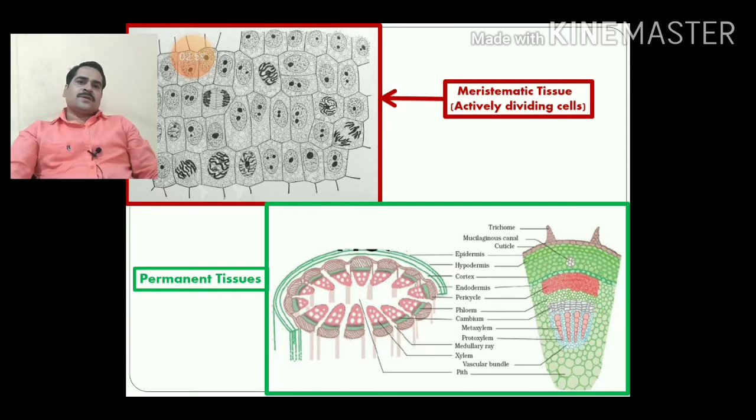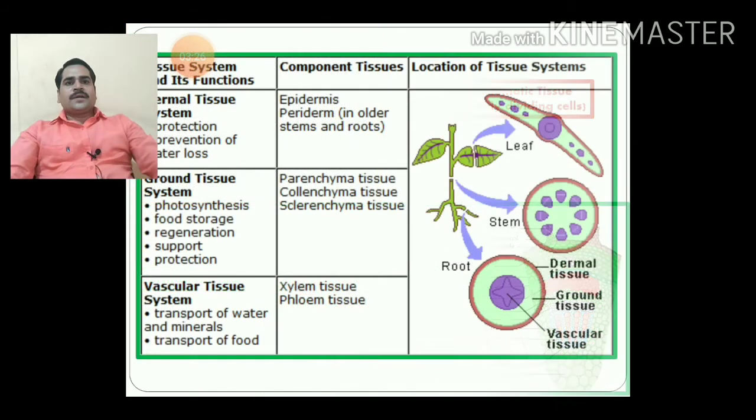These vascular bundles are made up of xylem and phloem. As you know, the function of xylem and phloem is transportation or conduction of water and food. So all these are permanent tissues, and these tissues have lost their capacity of division. So these are the two types of tissues, that is meristematic tissue and permanent tissue.